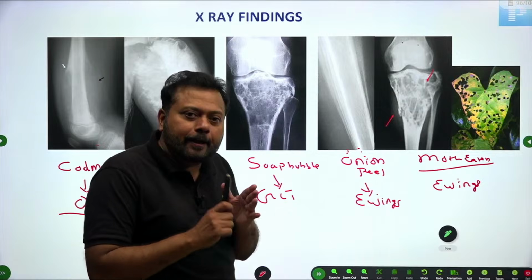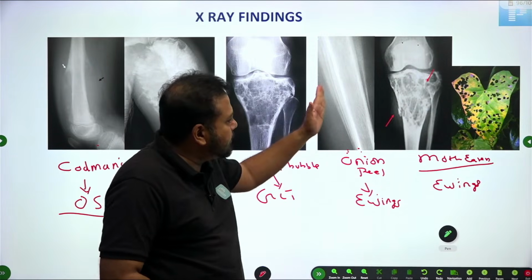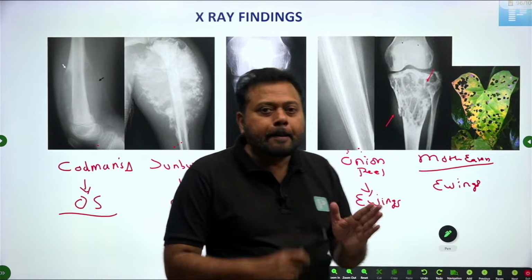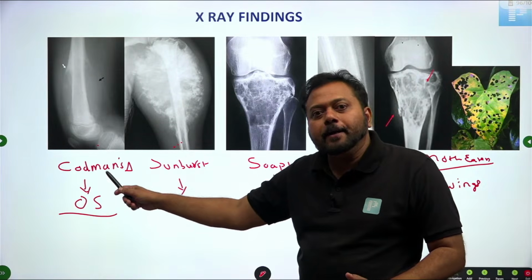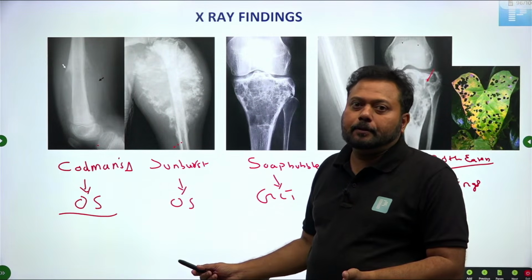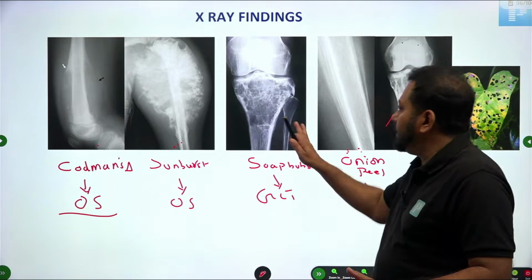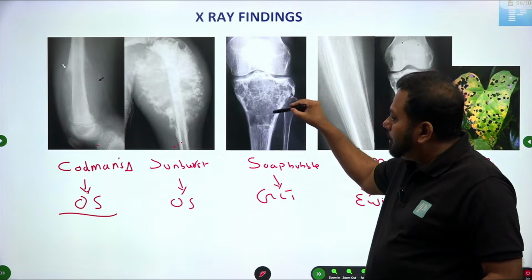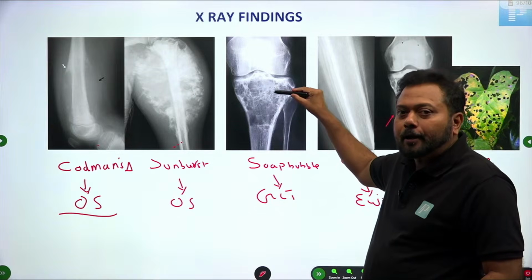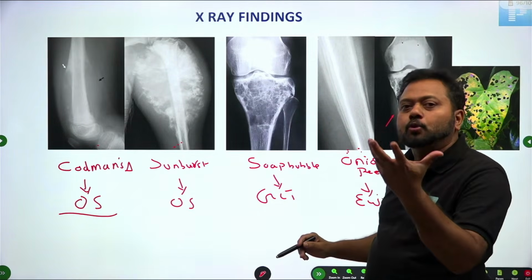So periosteal reaction of Ewing sarcoma is in the form of onion peel. Periosteal reaction in osteogenic sarcoma is either Codman's or sunburst. There is no periosteal reaction in giant cell tumor, so this is called soap bubble. Inside there is a lytic lesion with trabeculations in between that gives it a soap bubble look.